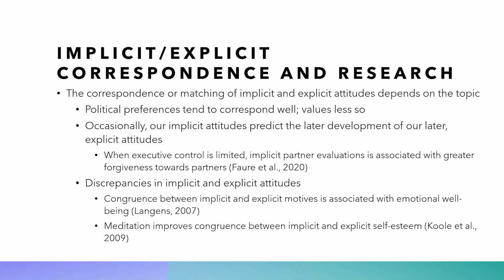When someone explicitly says that they are motivated for their career, for love, for themselves, and that's true also on an implicit level, they tend to be happier and more well-adjusted. Another study found that meditation actually improves the congruence of implicit and explicitly measured self-esteem.